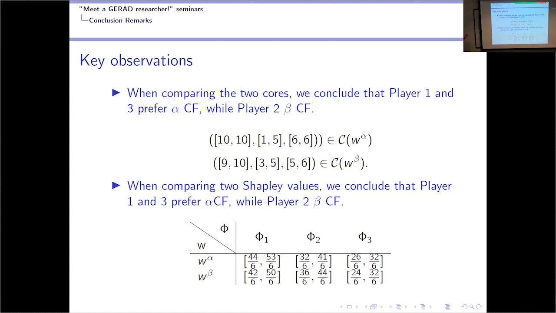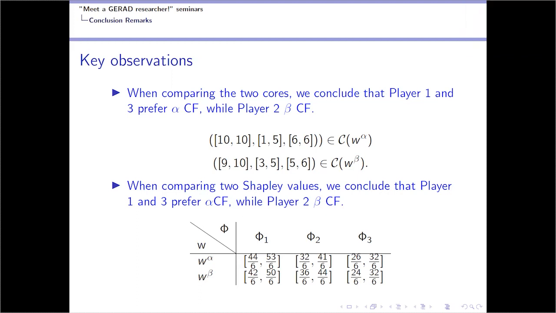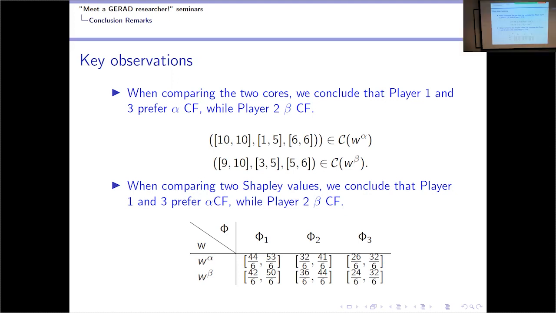But if we consider the two Shapley values that we obtained in the previous example, then we conclude that player 1 and 3 prefer the alpha characteristic function. You can follow here again because these intervals are weakly better than these intervals.